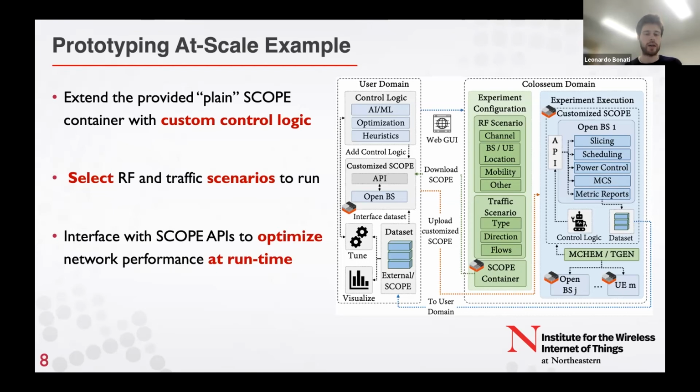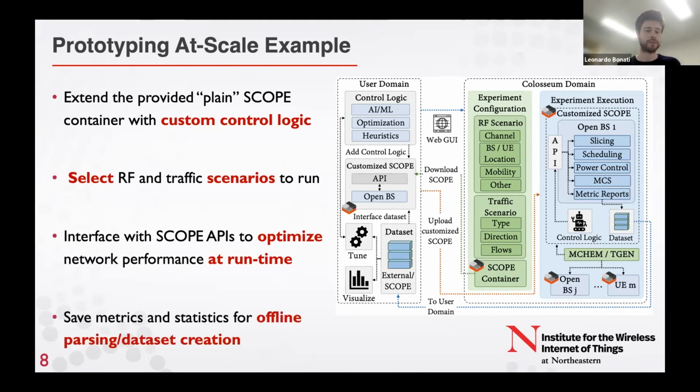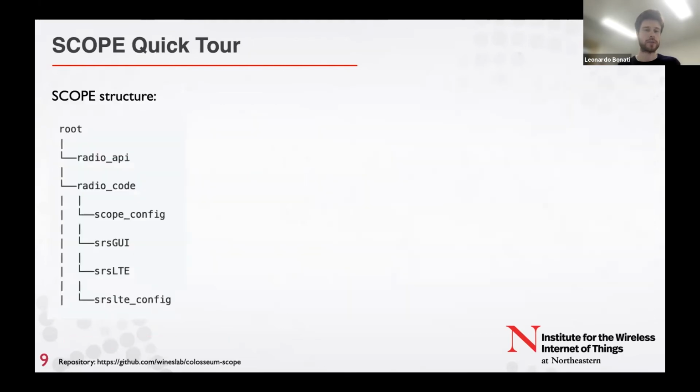And you can hook up your controller with the Scope APIs to optimize network performance at runtime. So you just customize the container, and then you save it and you reload it on Colosseum or in other testbeds, and you run the Scope container with your custom logic. And after the experiment is done, you can save metrics for offline parsing and dataset creation.